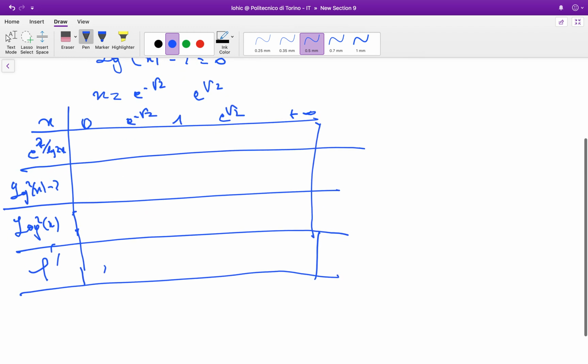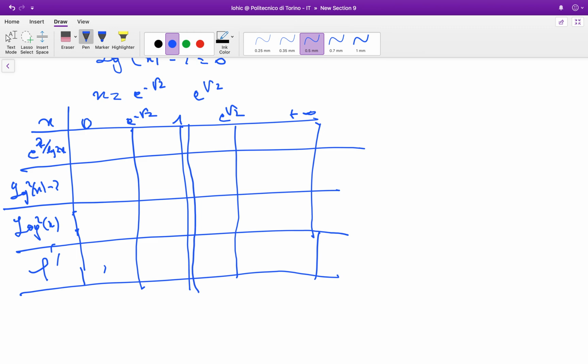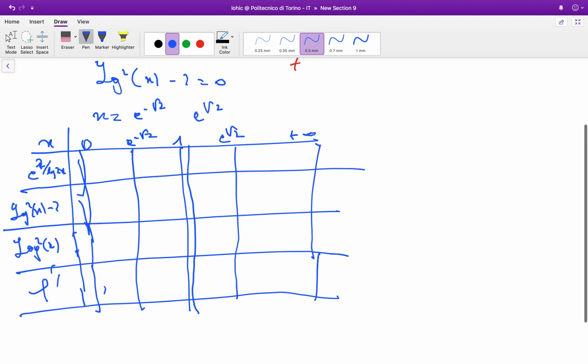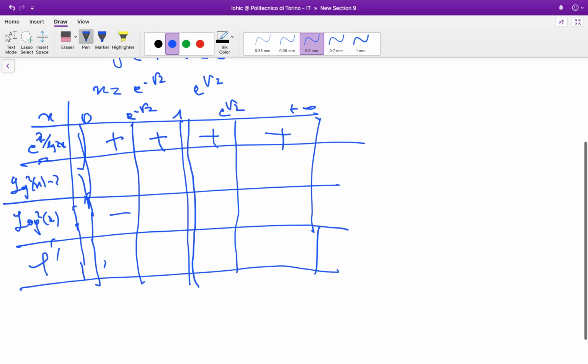We can then divide it into different pieces. I remind you that the function is not defined at 1, so I put 2 bars, the same as at 0, because the function is not defined at 0 too. So now this function here is always positive. This one here is always positive.